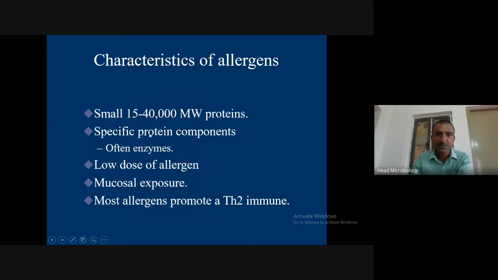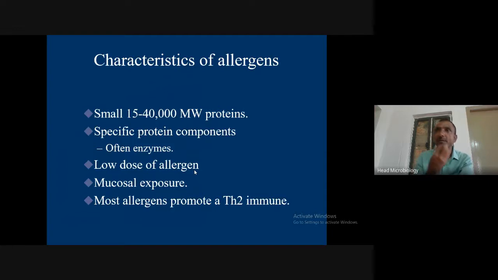They are specific protein components, often enzymes, at low doses of allergen. Mucosal exposure to most allergens promotes the Th2 immune response. Cetirizine is best for this type 1 hypersensitivity. It is a low dose allergen, very simple and mucosally exposed.